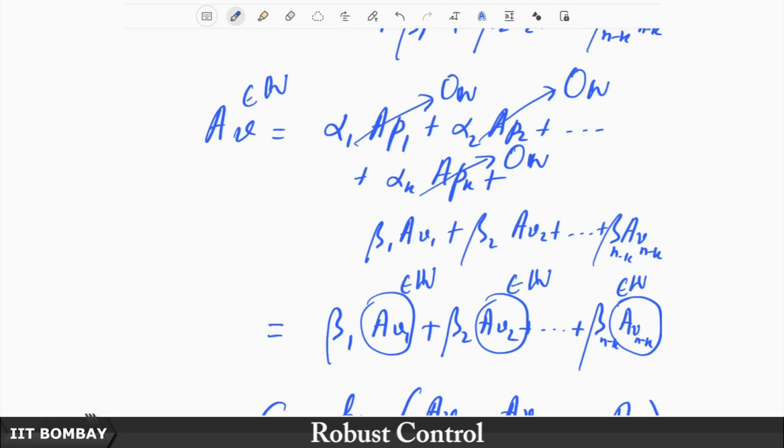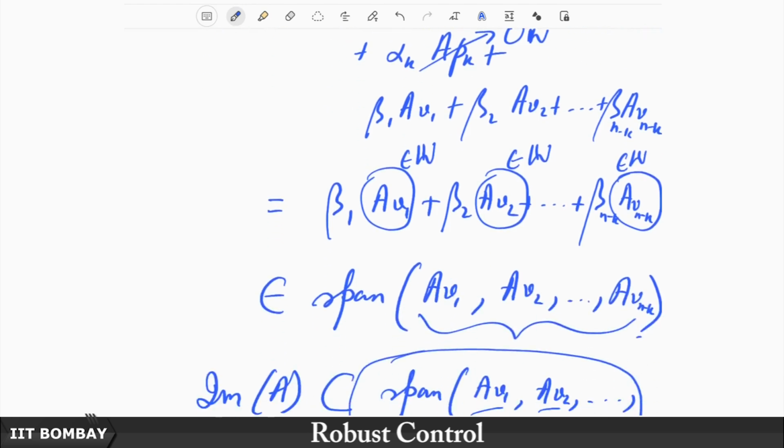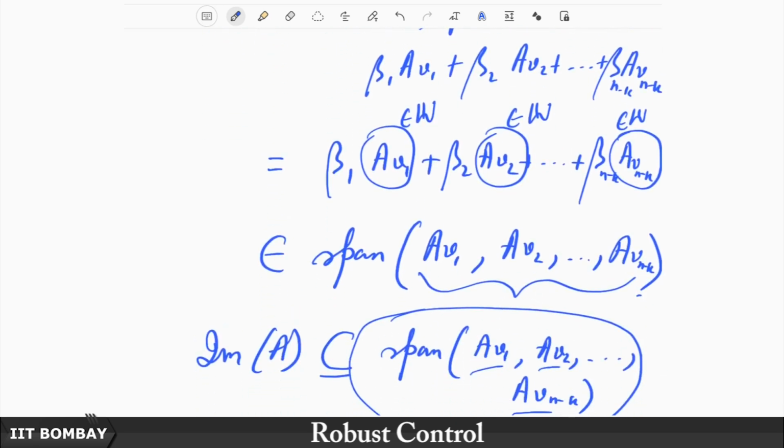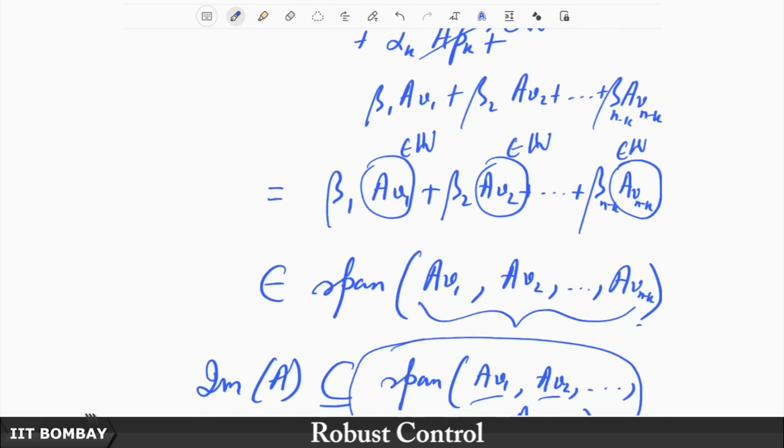I have already mentioned one way, I am not going to pursue that, but the method that I am going to pursue is that any element in the image of A can be expressed as a linear combination of these n minus k fellows. And now if I show you that these n minus k fellows are also linearly independent, then this set of vectors AV1, AV2, and so on, is not just a spanning set for the image of A, but is also going to be a linearly independent set.